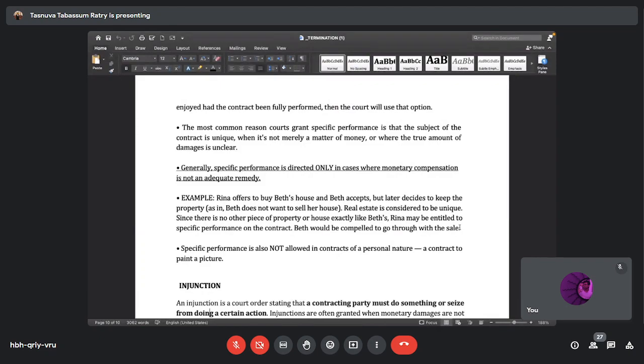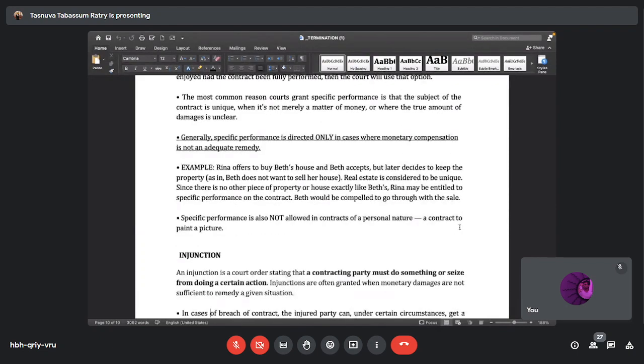Say, for example, Rina offers to buy Beth's house and Beth accepts it. Now, later, Beth decides that he does not want to sell that property to Rina. In that case, since we consider houses are unique, Rina, if she's buying a house that would be costing, say, millions, in her situation, she would never be compensated with damages.